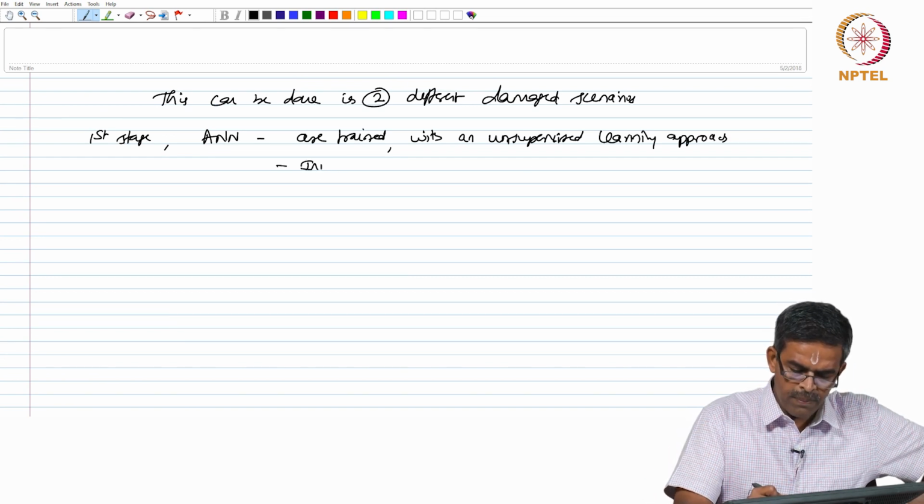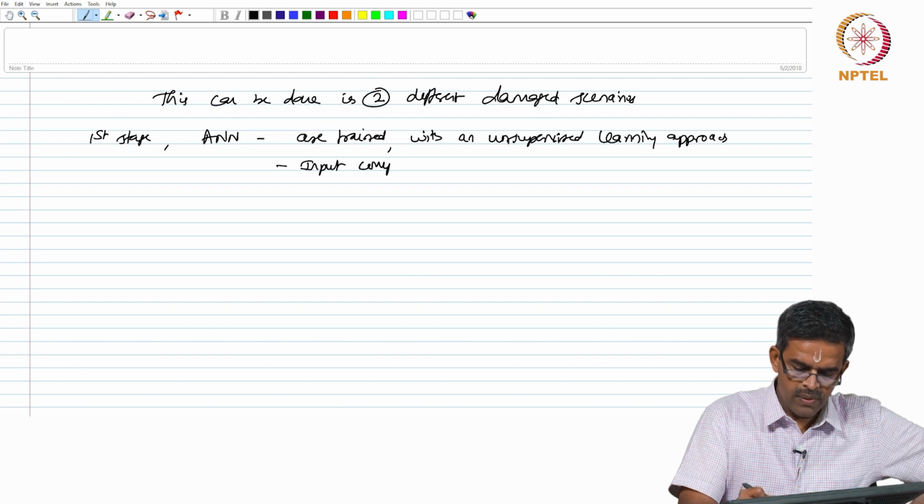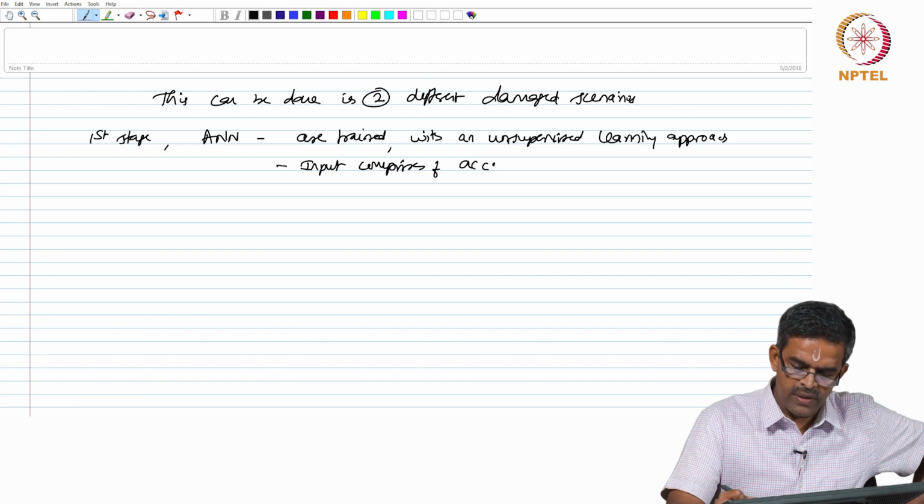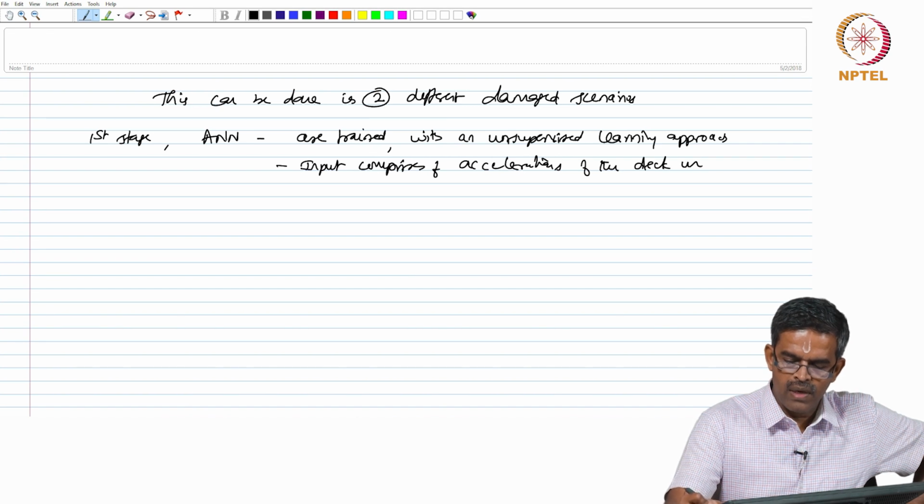The input comprises accelerations of the deck under healthy state.